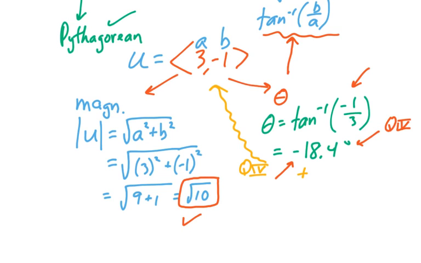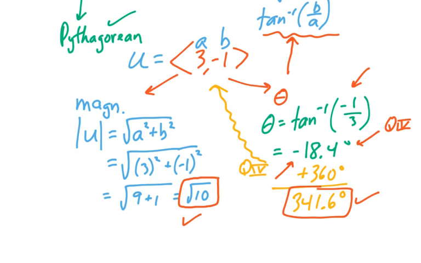So this is where we just find coterminal by adding 360. So that angle is actually 341.6 degrees. Okay, so it has a length of root 10, and it's at a direction angle of 341.6 degrees.